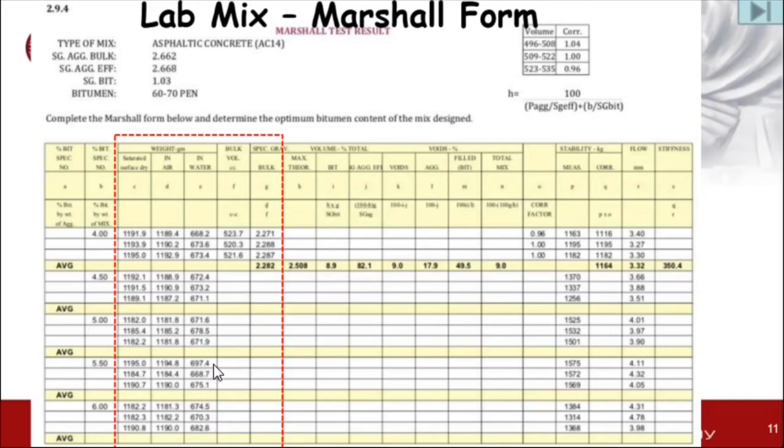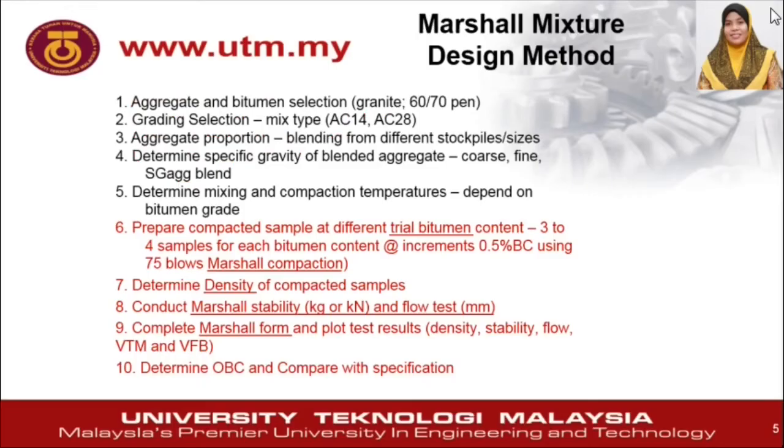Each trial has 3 samples, then the bulk specific gravity for the compacted samples is calculated using the formula in columns F and G. The values are then averaged as shown in column G. The same calculation applies for all the trial bitumen content samples. So based on the exercise provided, you can continue the calculation of bulk specific gravity for the other bitumen trials. Okay, let's continue with the next step.